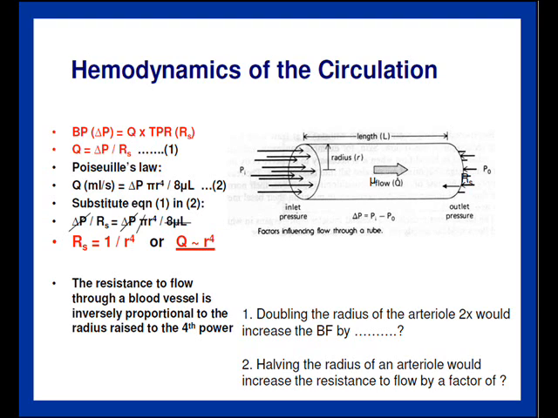Now if you combine those equations, you won't be asked to do this in the exam, by the way, you end up with this one, which you will be asked to remember for the exam: blood flow is proportional to the radius of the blood vessel raised to the fourth power.